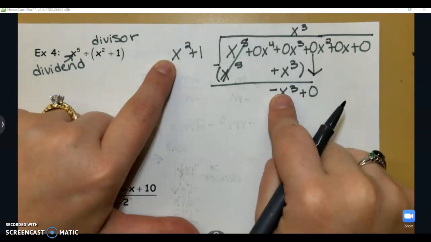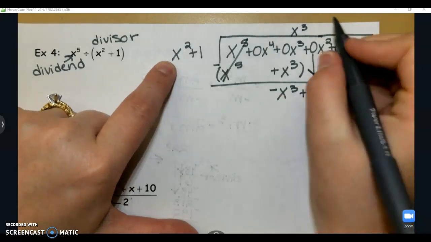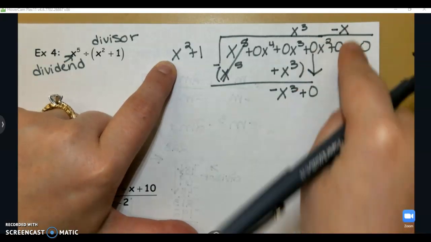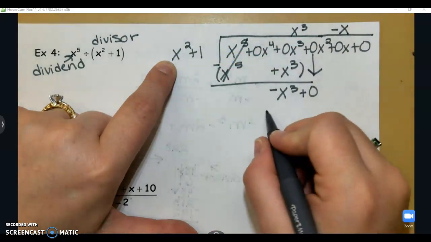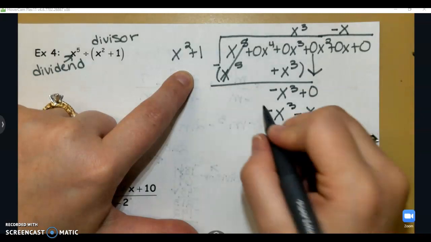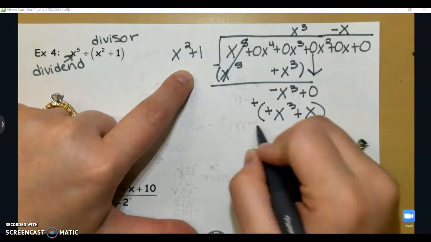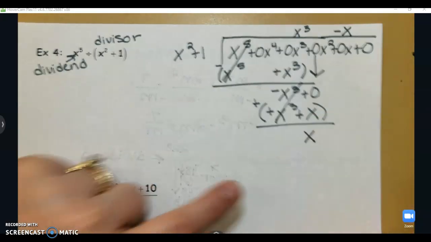Now I'm looking at x squared and negative x cubed. I would have to multiply x squared by negative x to get negative x cubed. Okay, so negative x times x squared and 1 gives me negative x cubed minus x. So when we subtract that binomial, remember negative times negative becomes positive, so our x squareds are going to cancel and my remainder is x.